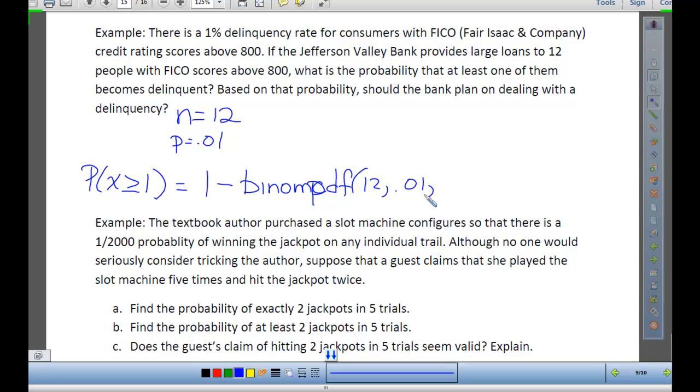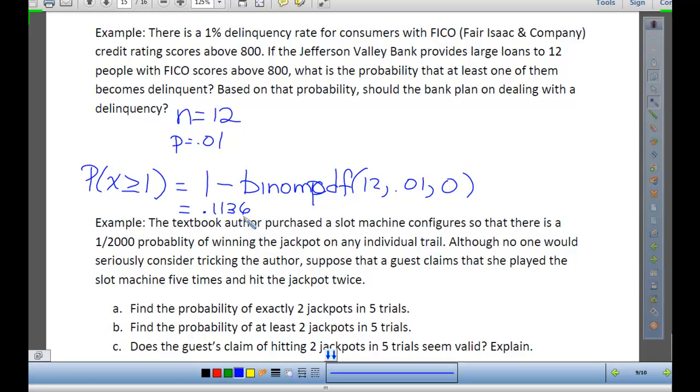Okay, N is 12, P is 0.01, and I'm going to put in 0 for X. That's the one that I'm subtracting off. Okay, and that comes up to what value? 0.1136. Okay, very good.